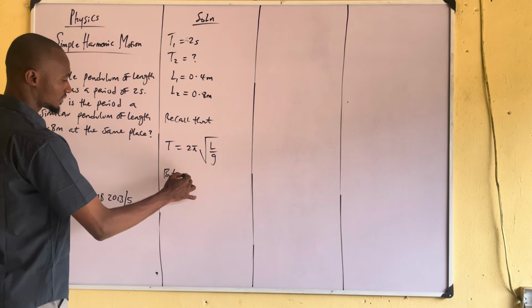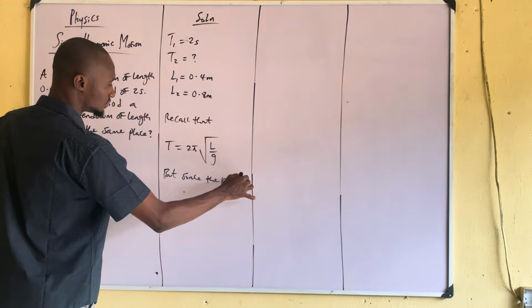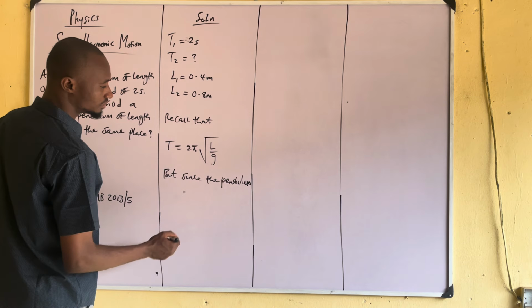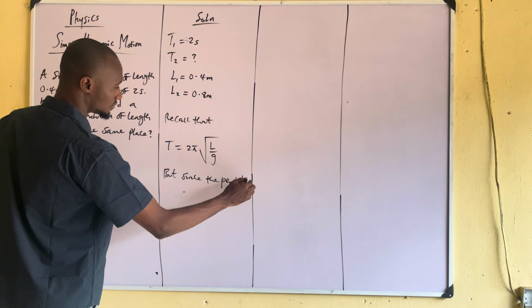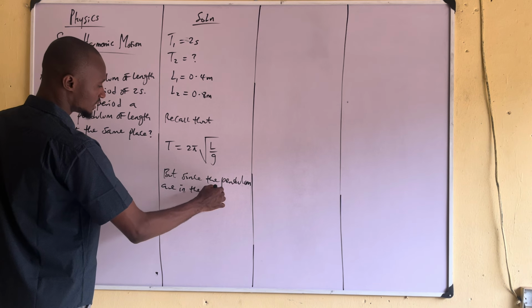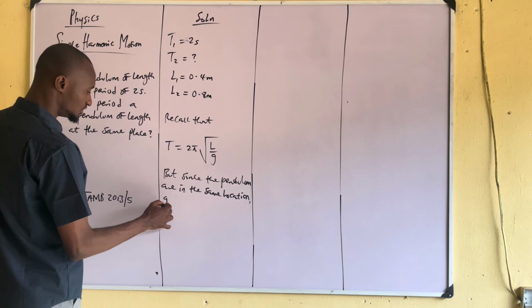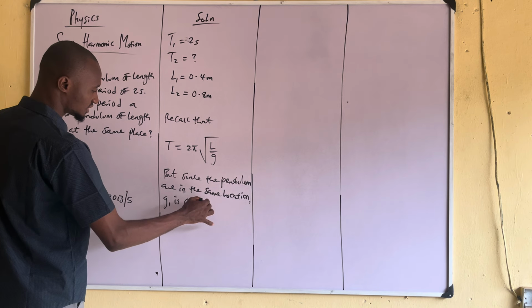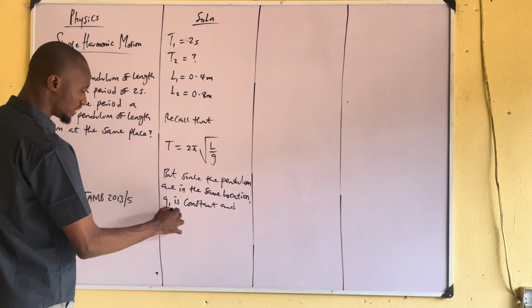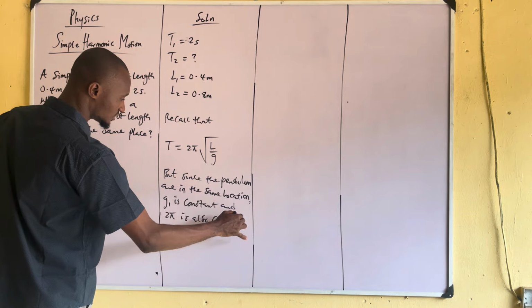But since the pendulums are in the same location, the g is constant and 2 pi is also constant too.